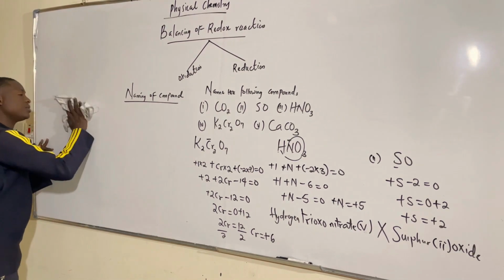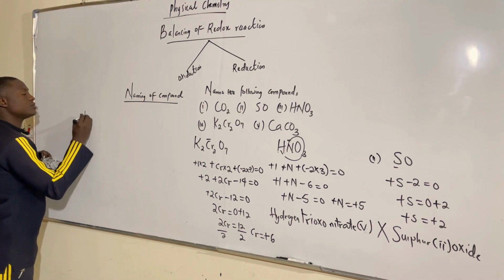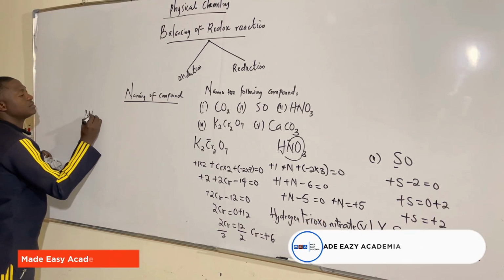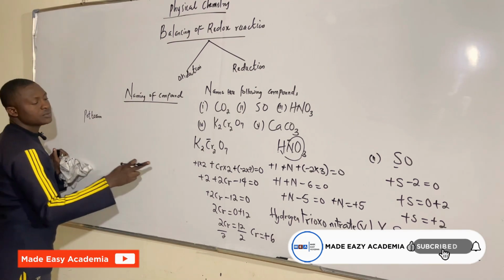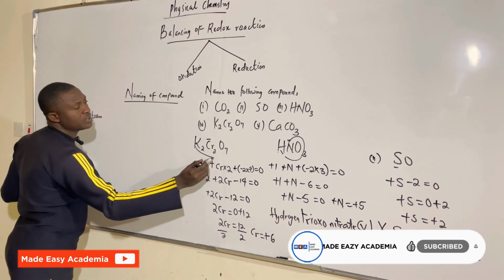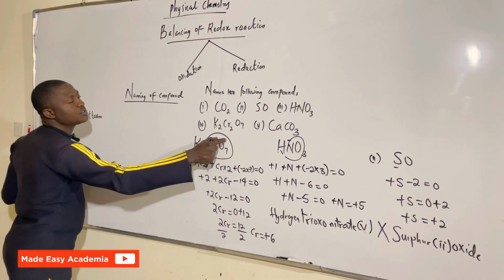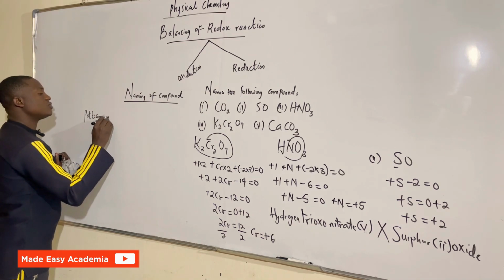So now let's name the compound. K is potassium. So I told you the one that you determine will be the last one. Then we name it like this. Oxygen for O7 is hepta.